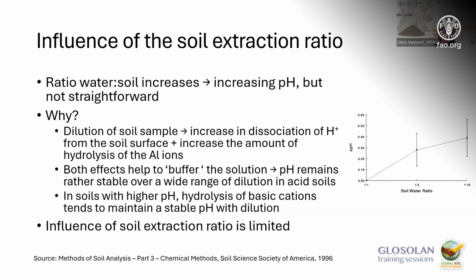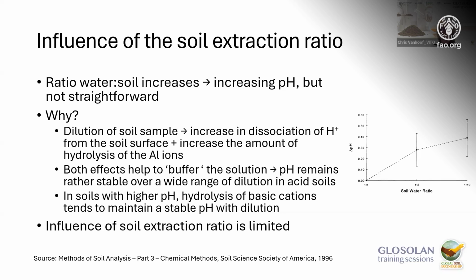If you dilute the soil, then of course you get an increase in the dissociation of the hydrogen ions from the soil surface, and also an increase in the hydrolysis of the aluminium ions. Both of these effects help to buffer the solution, and that's why the pH remains rather stable over a wider range of dilution in acid soils, and it is not a linear increase.